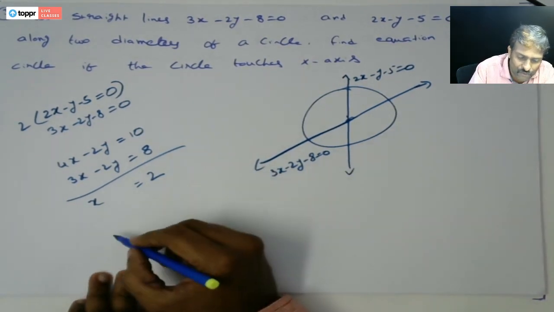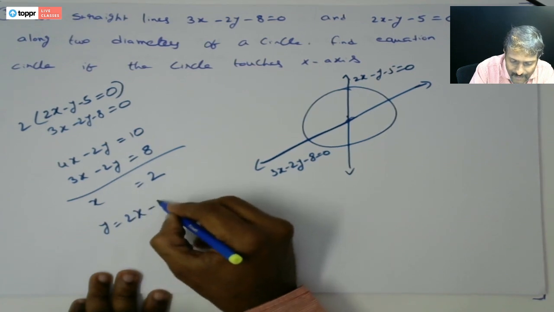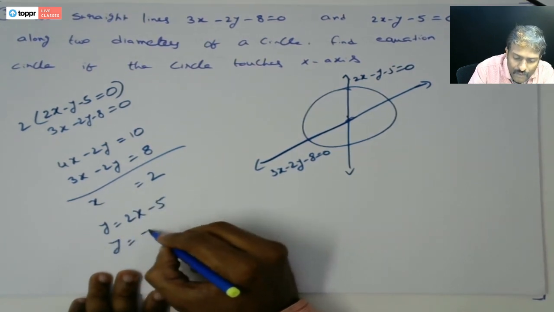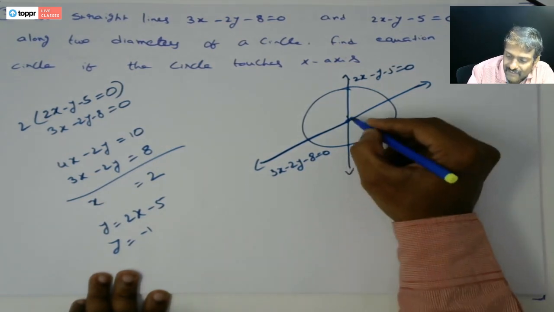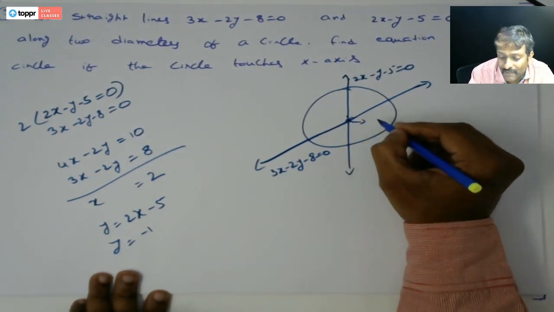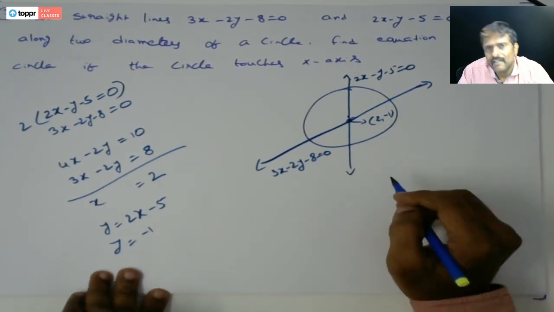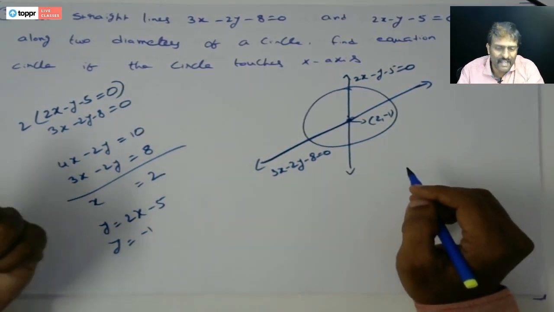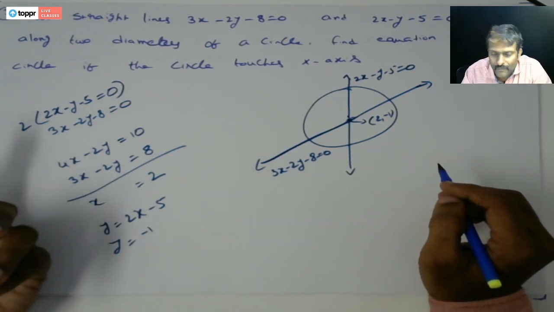Now you can find the value of y from this very easily: y is equal to 2x minus 5, so y equals minus 1. So now I have the coordinates of the center, which is (2, minus 1), right? With just the center, can we find the equation of the circle? No, right?